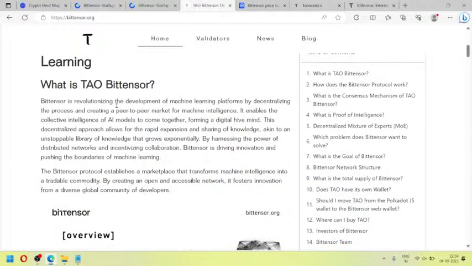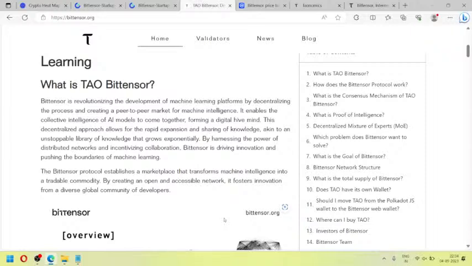What is TAO Bittensor? Bittensor is revolutionizing the development of machine learning by decentralizing the process and creating a peer-to-peer market for learning intelligence. It enables the collective intelligence of AI models to come together, forming a digital hive mind.